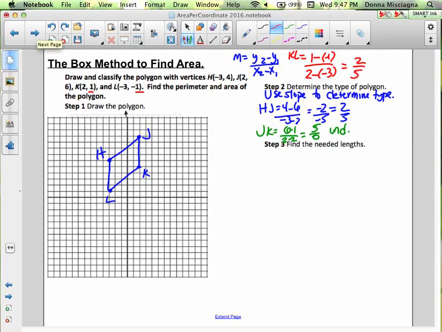And the last one, we didn't find the slope of HL, or LH, whatever you like. I did HJ, JK, KL, and now HL.